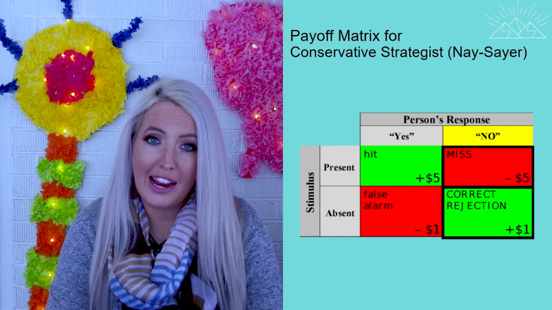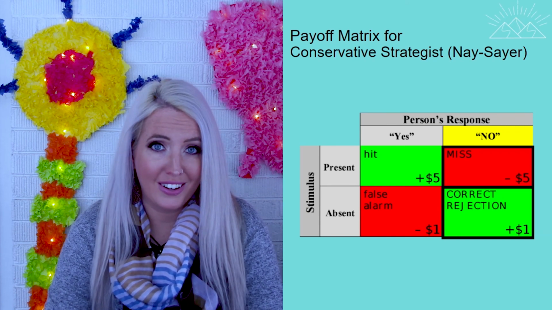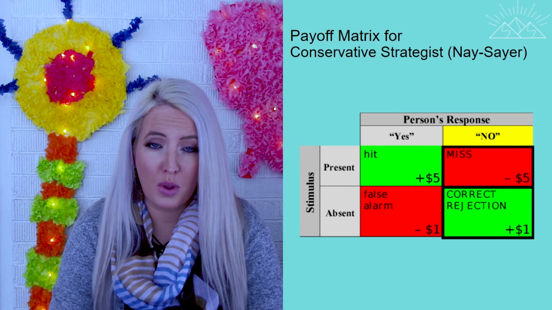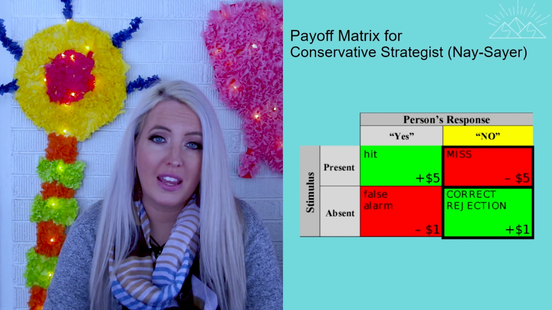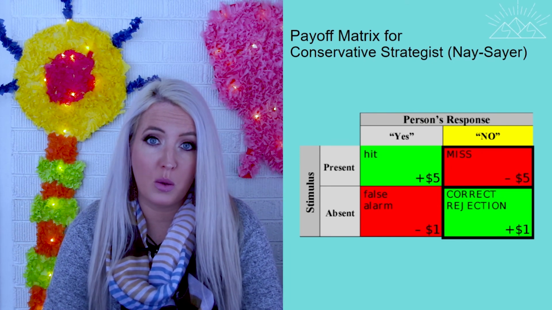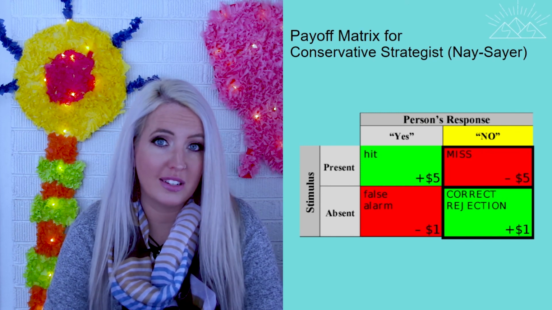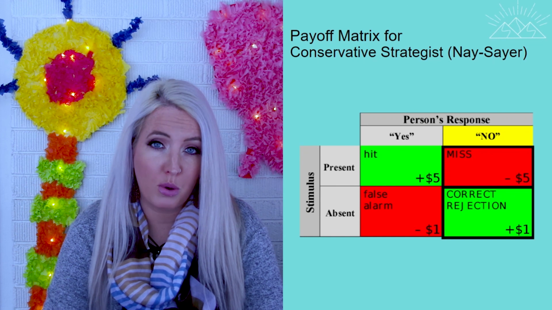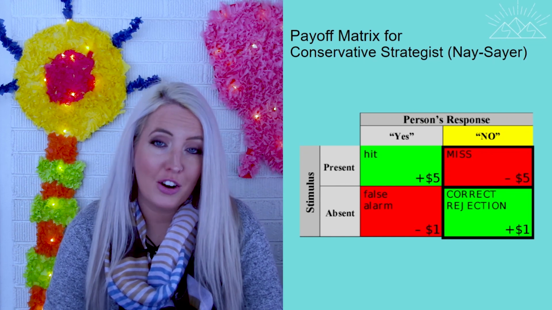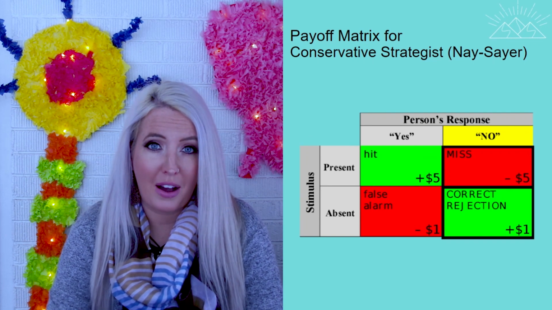Someone who's in the hiring process who's too liberal or too conservative might hire a lot of really bad individuals or might miss some really qualified candidates. So by giving them some type of incentive, a bigger incentive for doing what they normally wouldn't do, helps to move them closer to what we would consider to be a true absolute threshold, so we can determine what the actual baseline is.